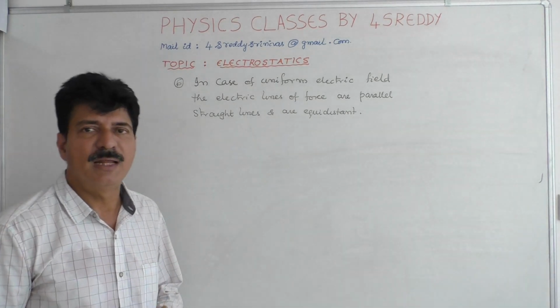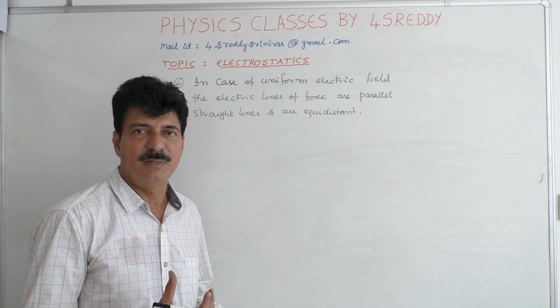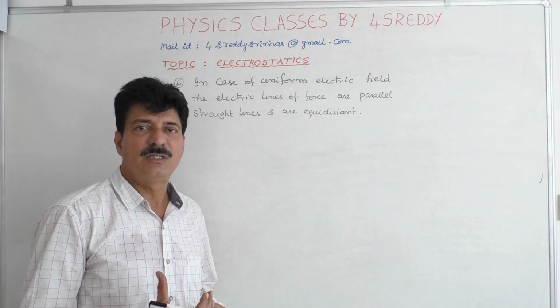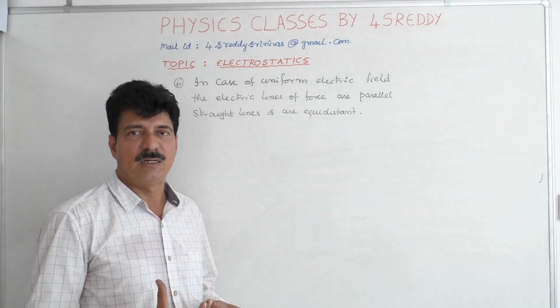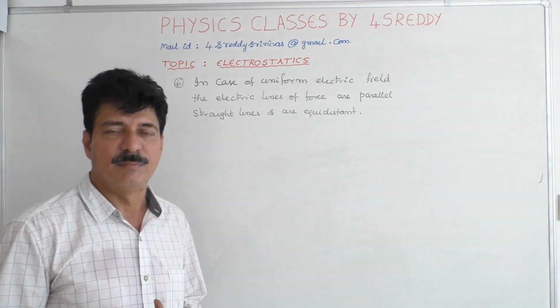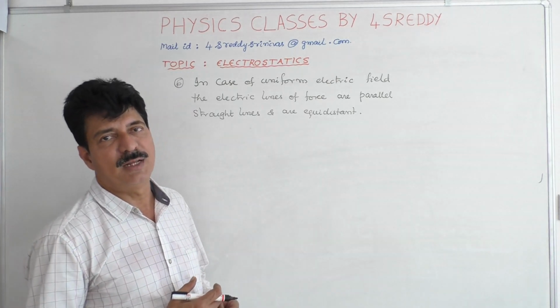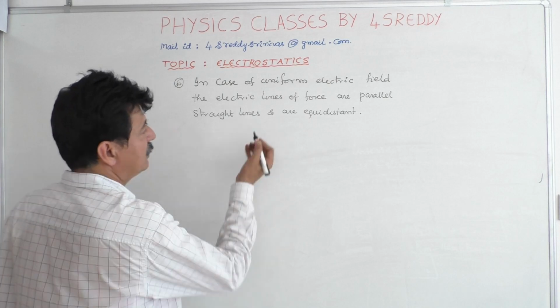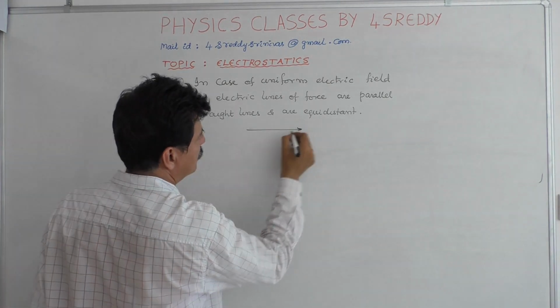Then what is a uniform electric field? If the magnitude and direction of the electric field at every point is the same, then it is said to be a uniform electric field. It can be represented like this.